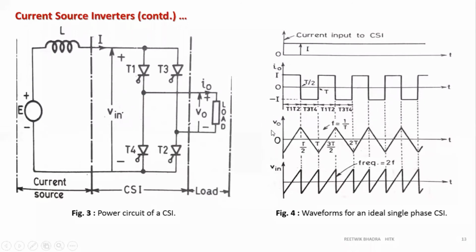If you are telling that this one is negative, I'll come to this in the next slide. While explaining the voltage, for now just understand this is positive. Don't go with this part. Think this line is having a positive slope. Now, if T3 and T4 are on, what will happen?